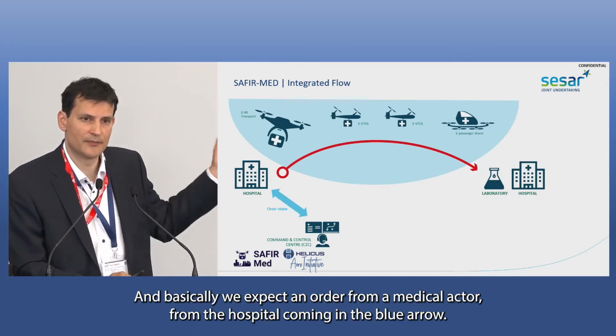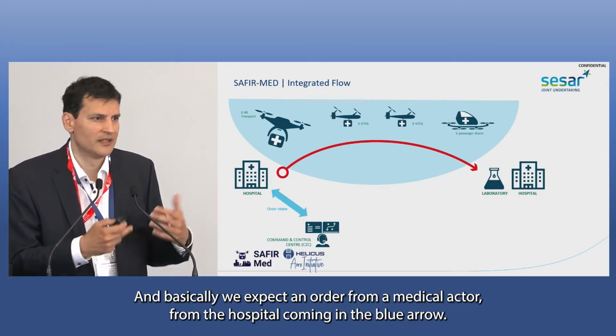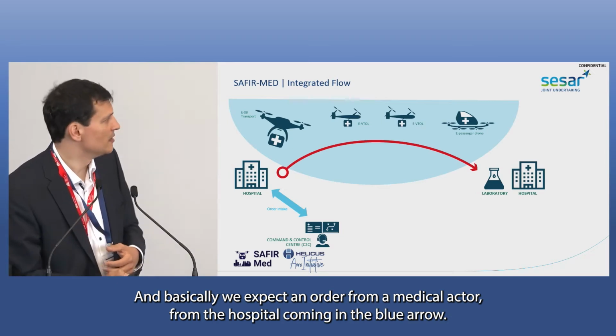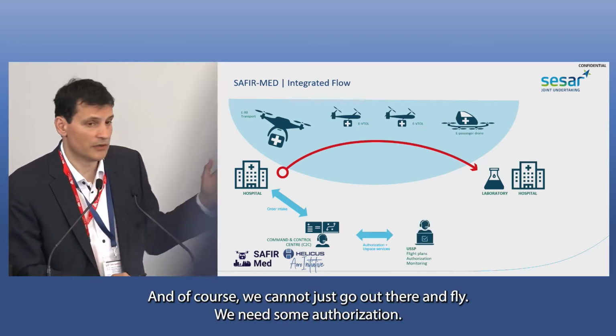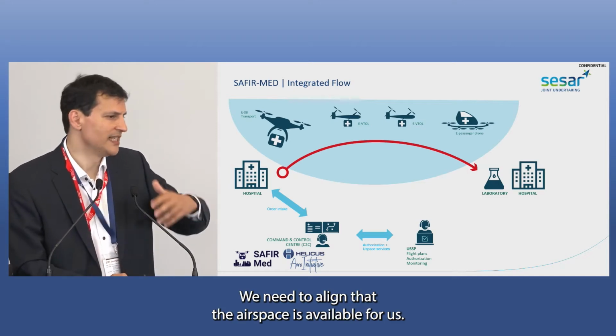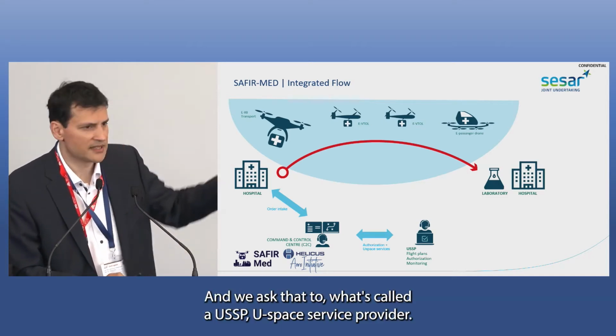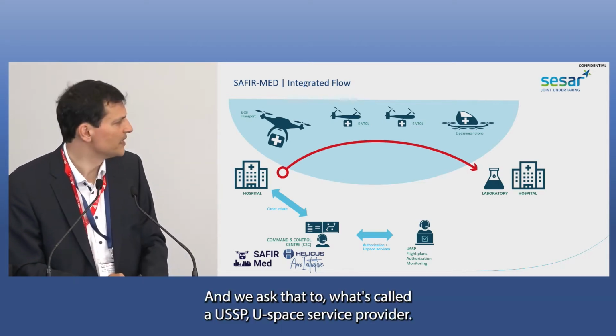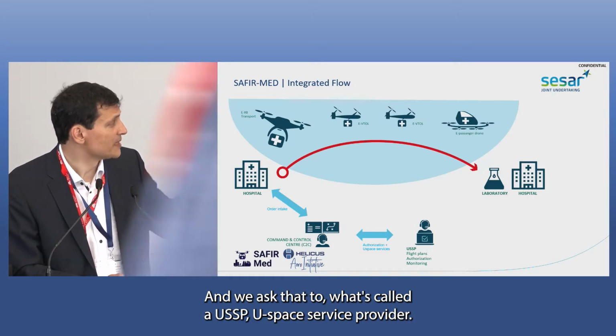We expect an order from a medical actor from the hospital coming in, the blue arrow. Of course, we cannot just go out there and fly. We need some authorization. We need to align that the airspace is available for us, and we ask that of what's called the USSP, the U-space Service Provider.